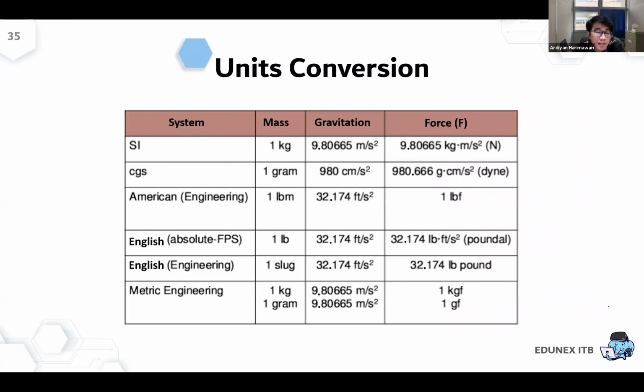Okay, these are the types of systems that are normally used. Why do we need to be able to do the conversion between each system? Because later when you get data from industry, maybe when you have already graduated and work in a company, the data that you get, I don't know why, mostly you do not get in the standard unit. Like in class, from high school and TPB, we always use the standard unit, right?